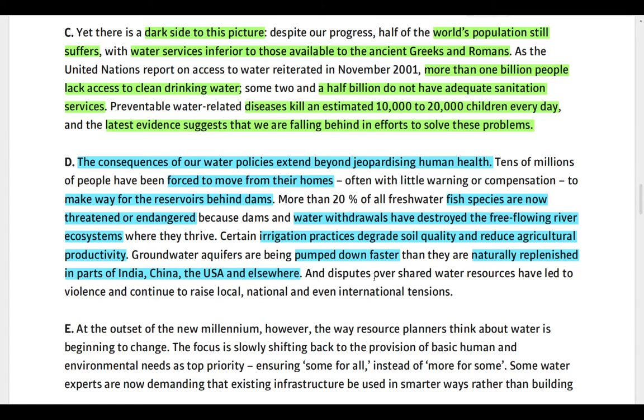And disputes, which means arguments, over shared water resources have led to violence and continue to raise local, national, even international tensions. So basically, the arguments have led to violence, and national and even international pressure.